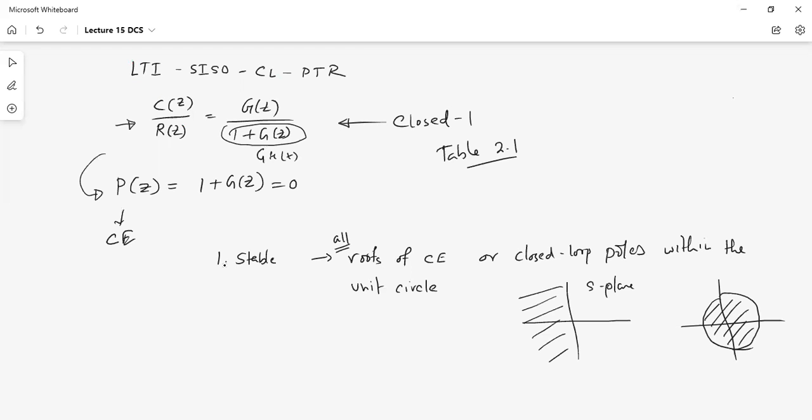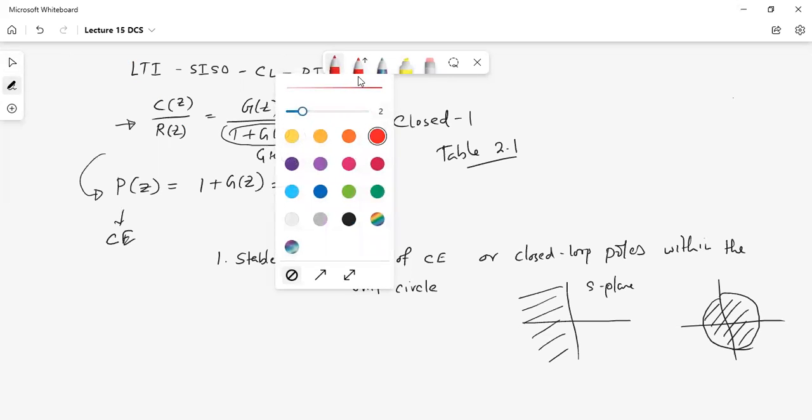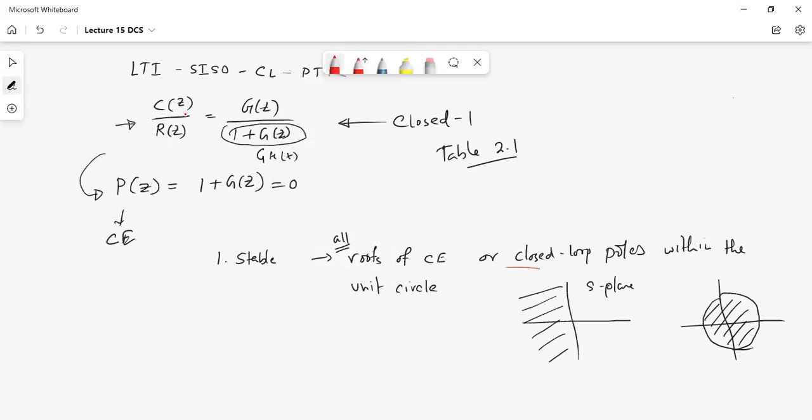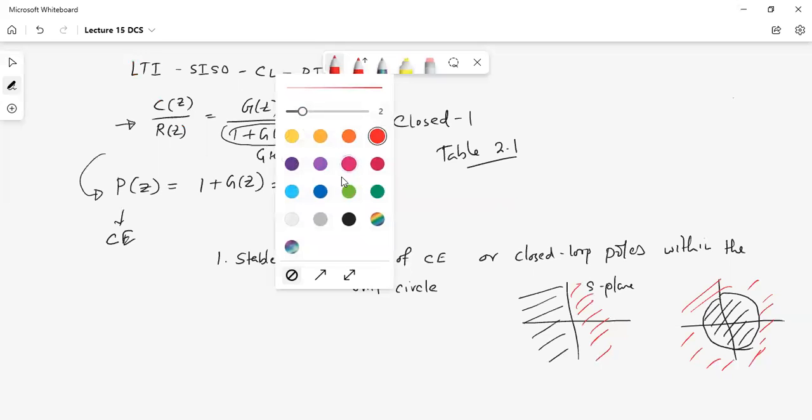The right half plane will be external to the unit circle, and similarly the j omega axis will be on top of the unit circle.